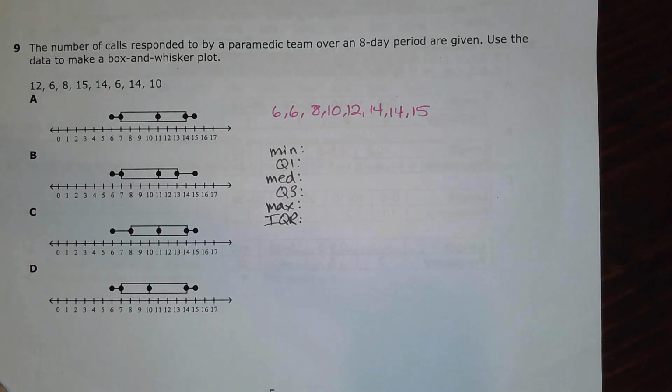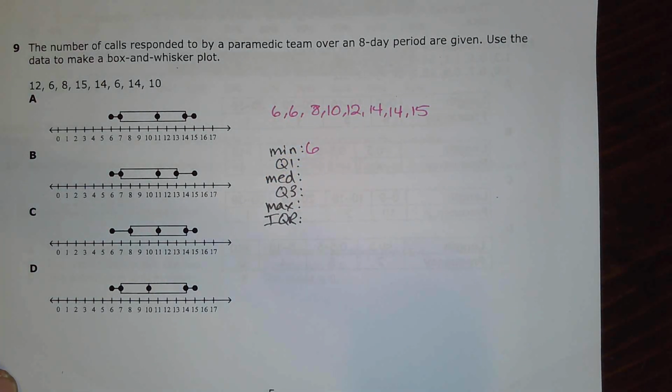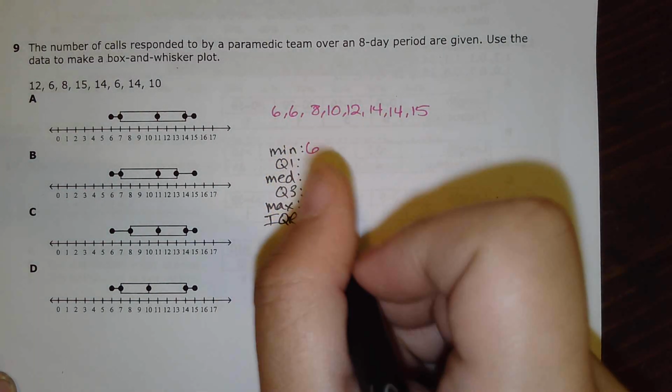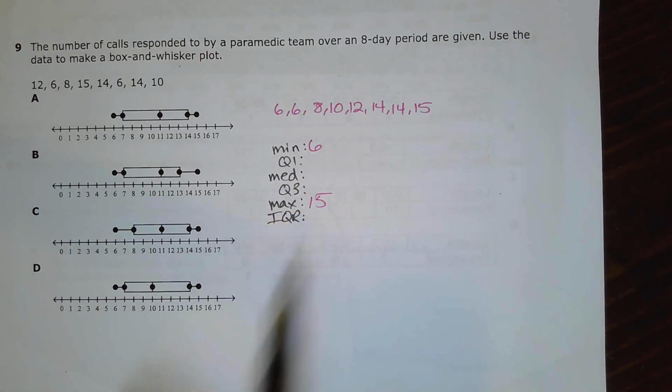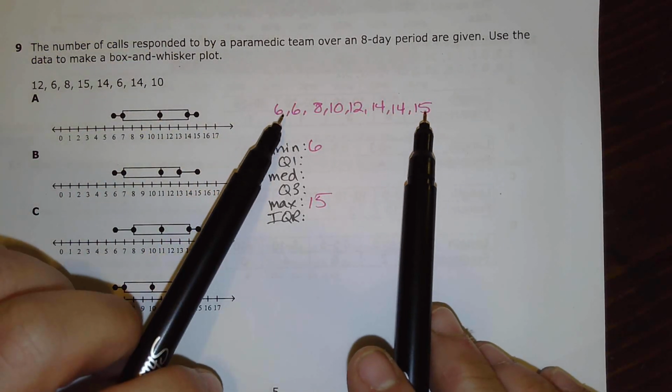Okay, now, how are we going to find all this? Minimum's easy. It's the smallest number we have in this data set, which will be 6. Maximum is going to be easy. It's our largest number in this data set, which is 15. Now, how do we find our median? Our median is going to be the number that's in the middle.